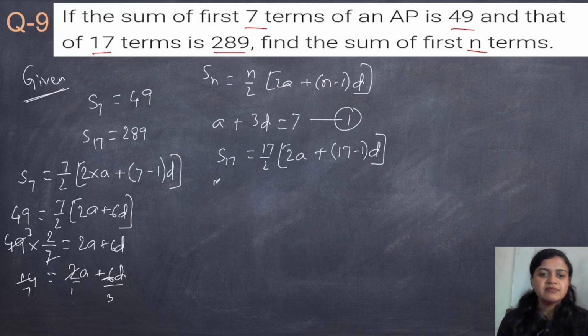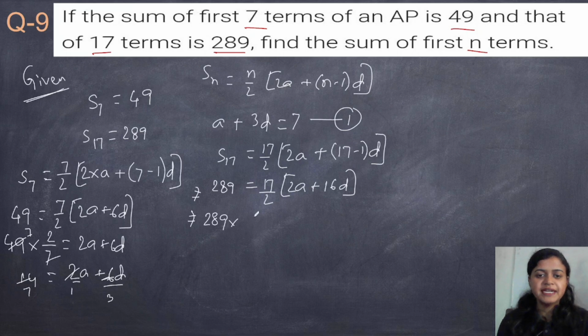S17 value is 289. So 289 into 2 by 17 equals 2a plus 16d. 17 17s are 289, so 17 into 2 is 34 equals 2a plus 16d. Taking 2 common, we write 2 into a plus 8d.